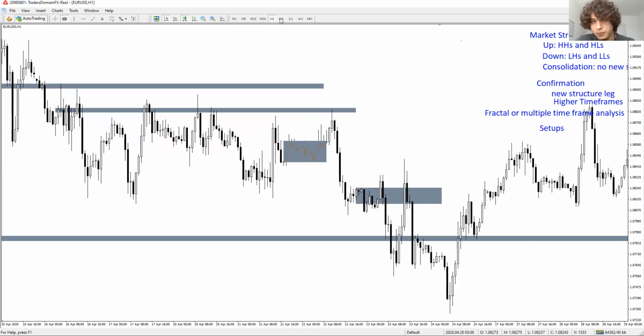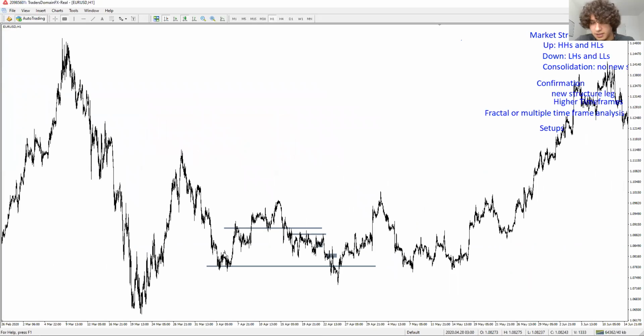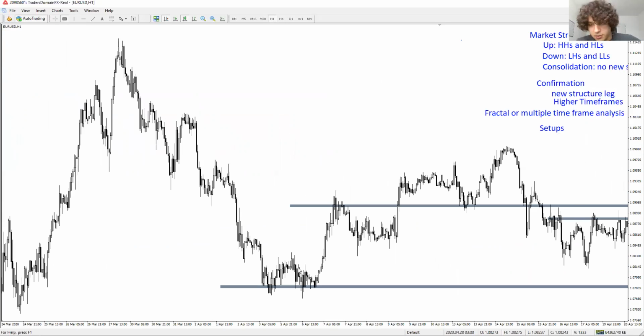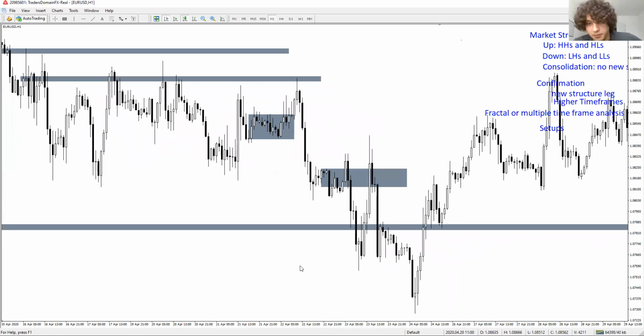So we went from the daily to the 4 hour to the 1 hour. Now we have much more detail, right? So you zoom out, do you see how this is kind of like the daily chart, but with more detail? You're able to see what price is doing at a specific time. And that's your biggest advantage. When it comes to reading charts, your advantage is being able to differentiate price across time, really.